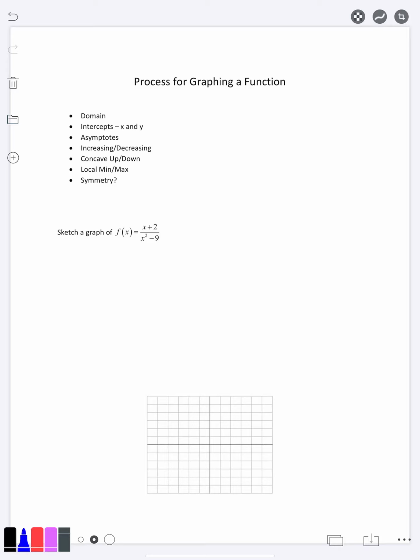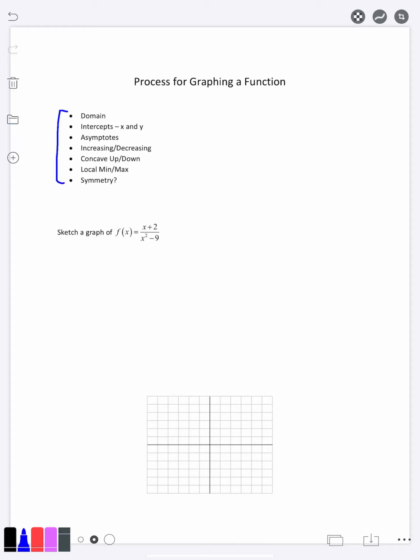Before we get started here, I will make my own personal comments that this is a very standard section in Calculus 1 courses, and it is important for you to understand all these different things here and how they relate to functions. But the actual process of manually drawing the graph, I don't consider that important these days.